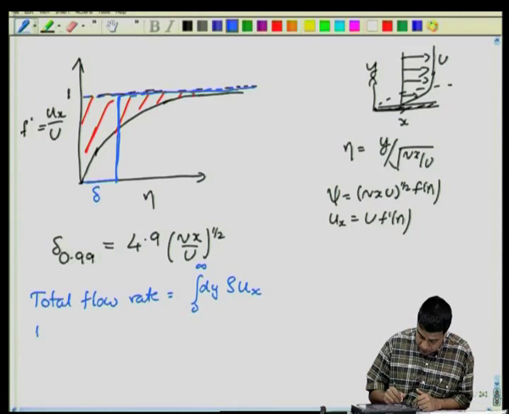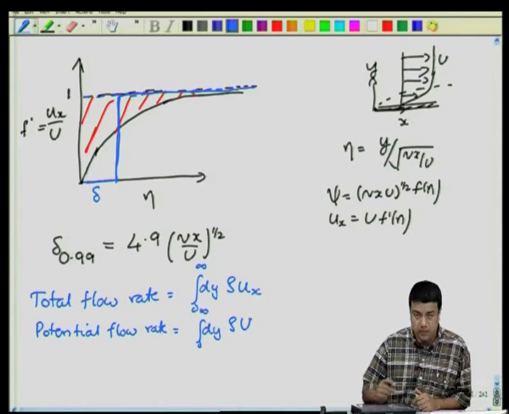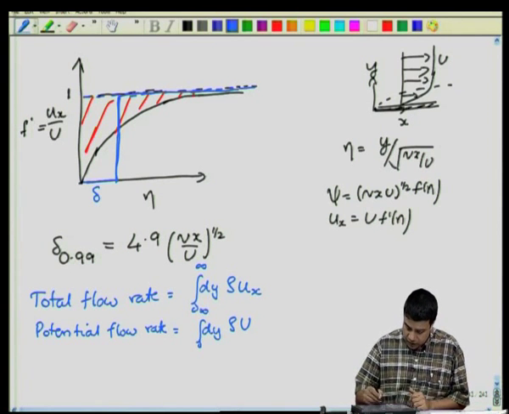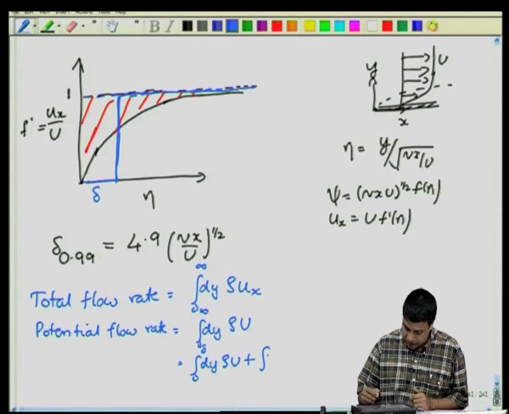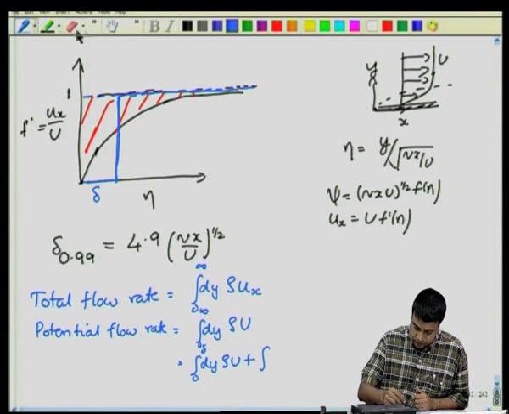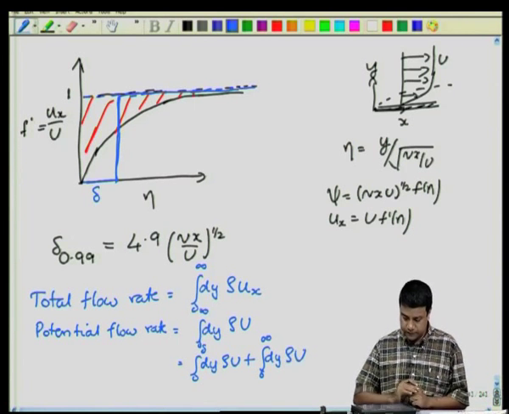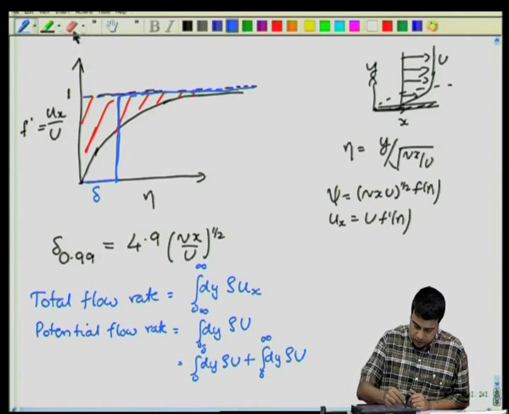The potential flow rate is equal to the integral from 0 to infinity dy rho times capital U, which is the external flow field.